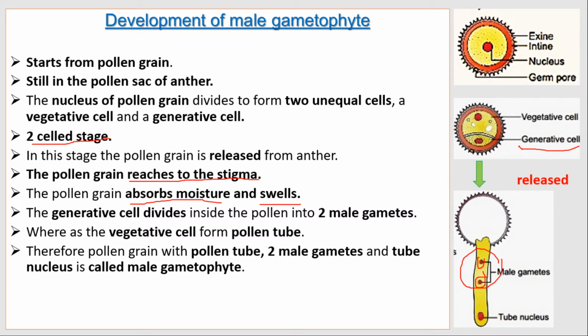So the generative cell helps to produce 2 male gametes, whereas the vegetative cell forms the pollen tube. What do you mean by male gametophyte? Pollen grain with pollen tube, 2 male gametes and tube nucleus is called the male gametophyte.